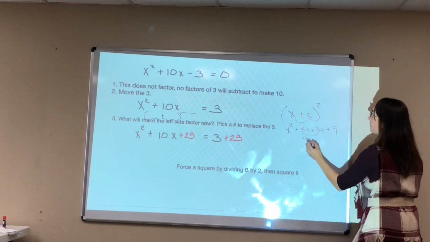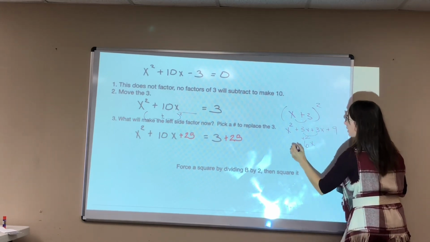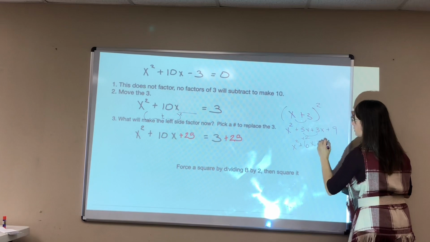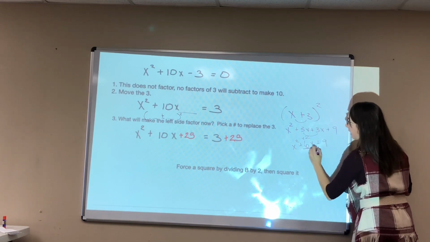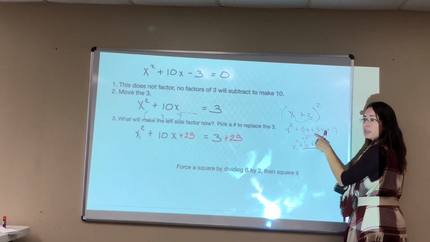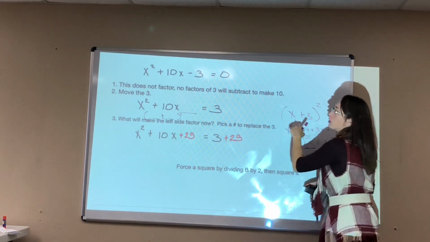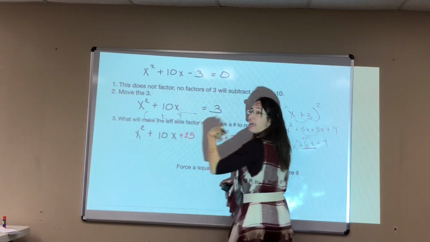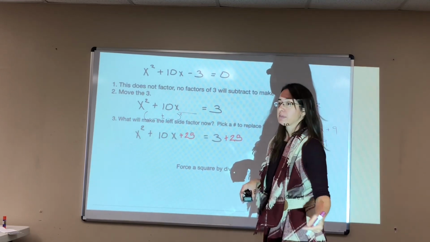So that means when I do x squared plus 6x plus 9, 6x was 2 of the exact same things added up. So that means 10x is 2 of the exact same things added up.